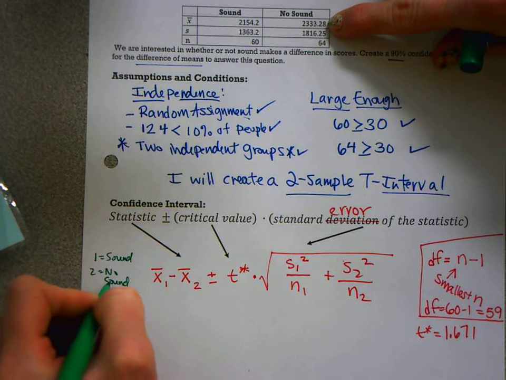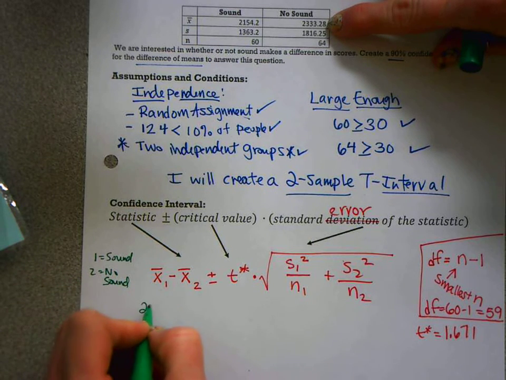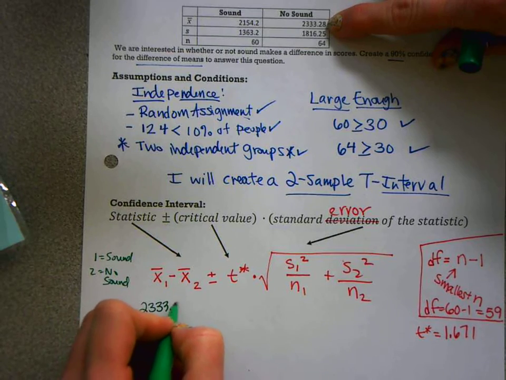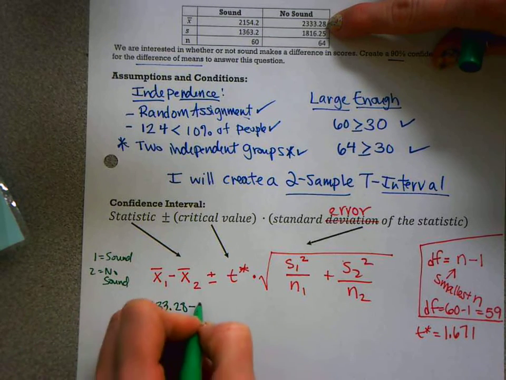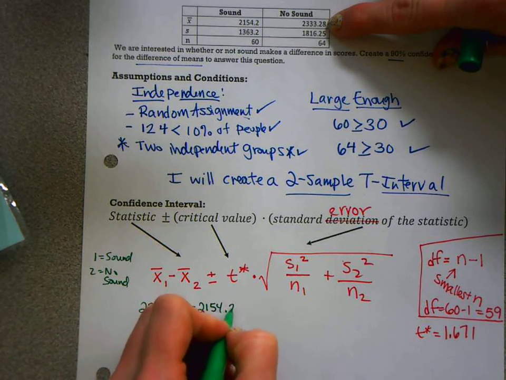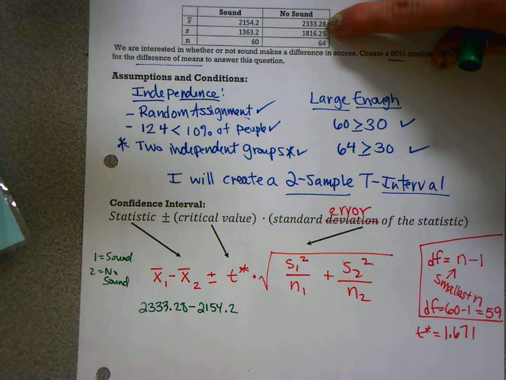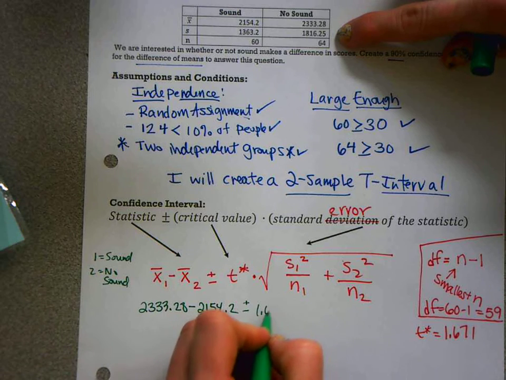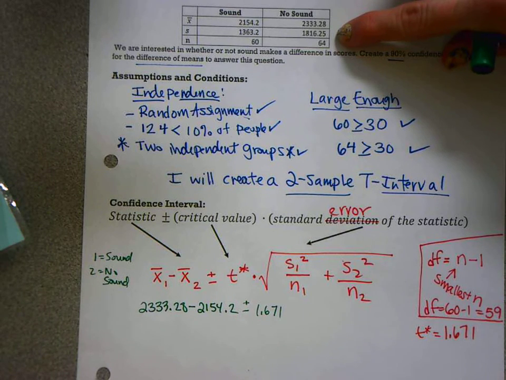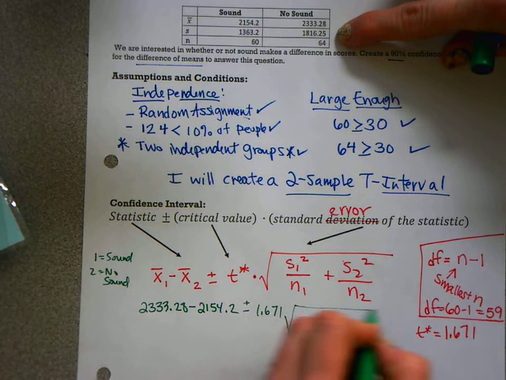And I'm going to do the 2,333.28 first, minus 2154.2 for the no sound. And then plus or minus, my T star is 1.671. This big giant square root is using my S's.